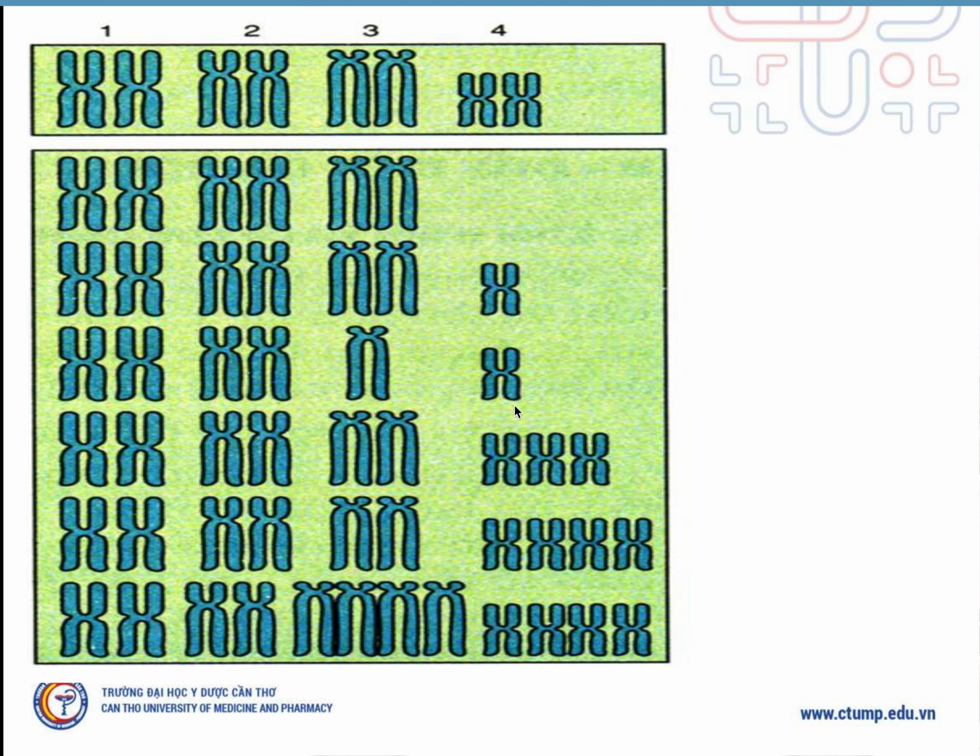For the fourth case here, you will see they have one extra chromosome. This case represents trisomy. And as you know, we also talk a lot about some patients who have trisomy, for example Down syndrome, Patau, or Edwards syndrome.